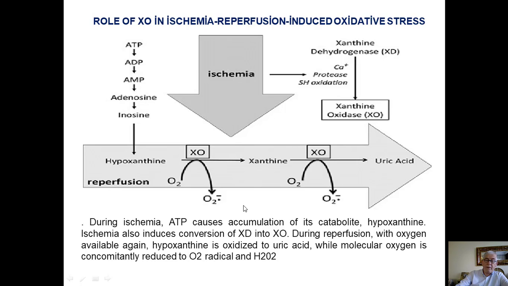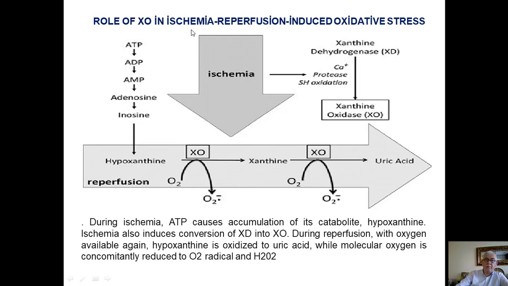And we have another serious problem during ischemia and reperfusion conditions. If xanthine oxidase activity increases in the reperfusion condition, the enzyme can produce oxygen radicals and hydrogen peroxide. Hydrogen peroxide can be turned to hydroxyl radicals.